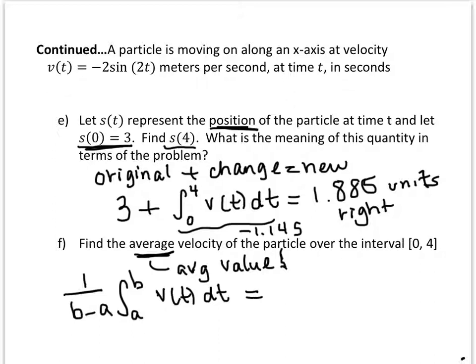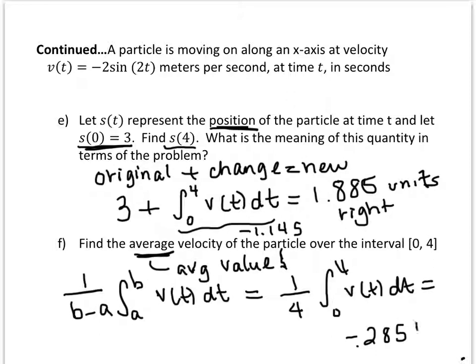I'm going from 0 to 4, so 1/4, the integral of 0 to 4 of v of t dt. And I find out using my calculator that's negative 2.285 meters per second. So overall, on average, I'm moving more to the left than to the right.